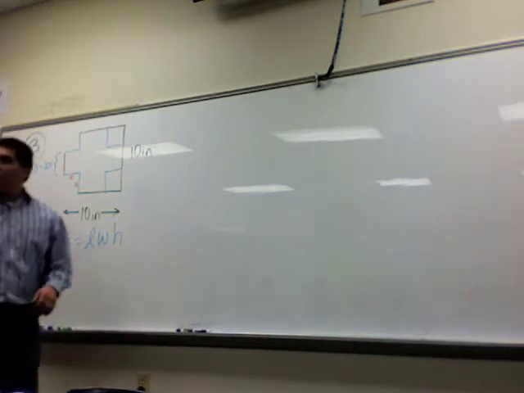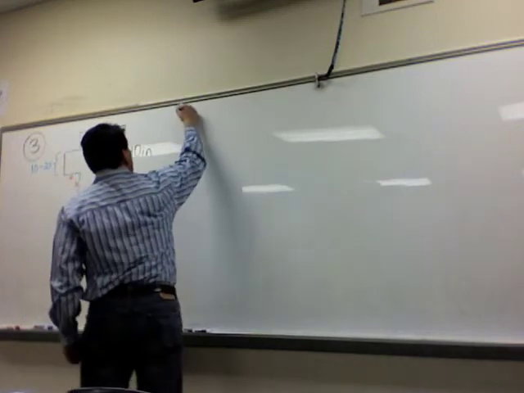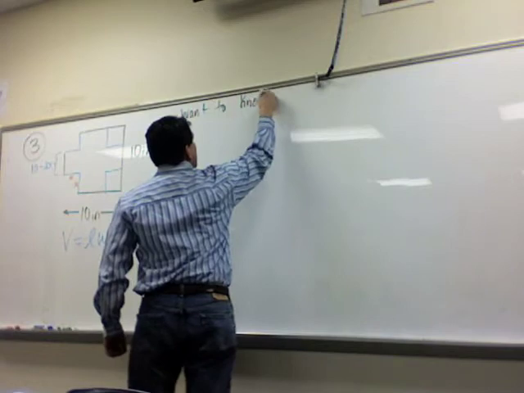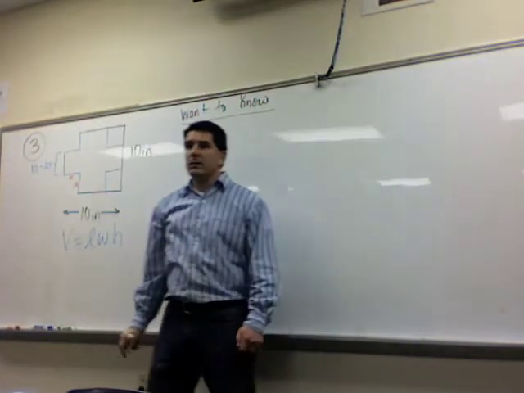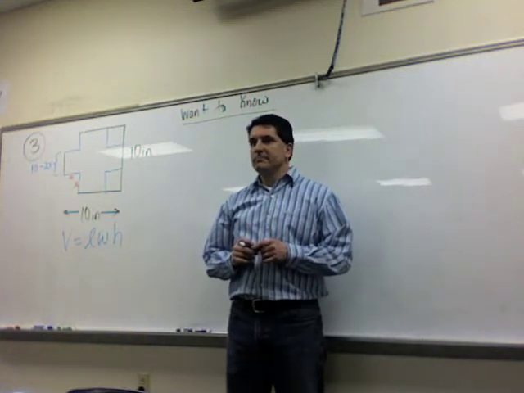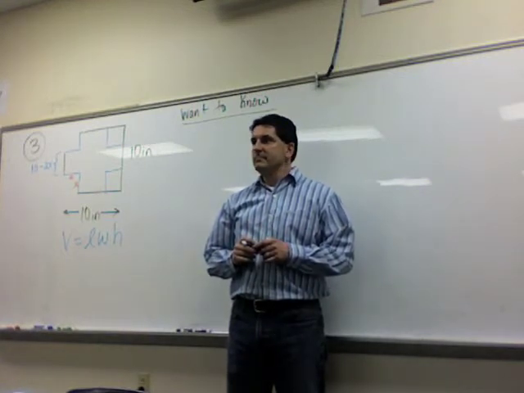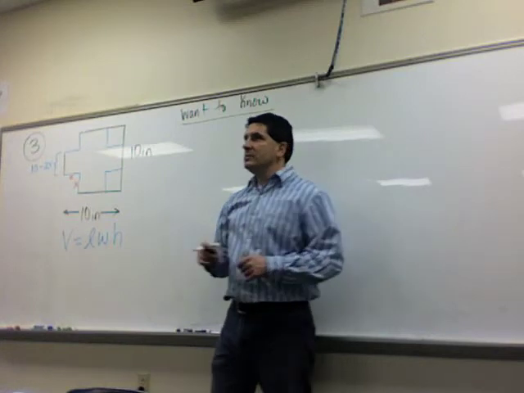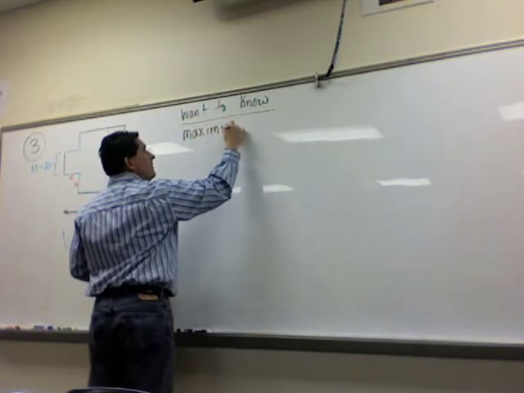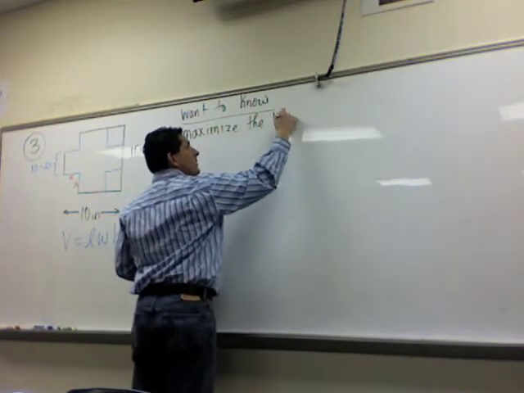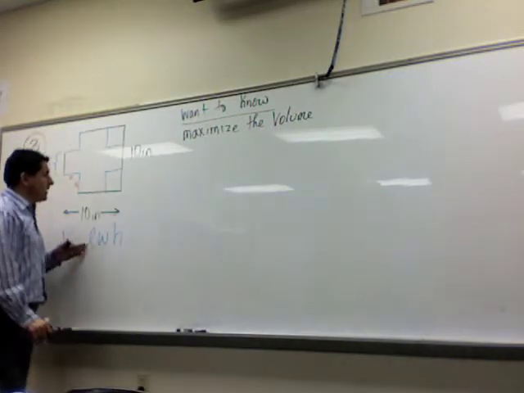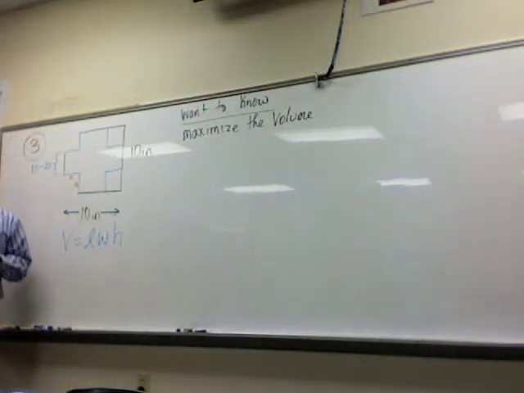Let's identify what we want to know. What do we want to know? So in other words, we want to maximize the volume. That's what we want to do. And in the end, we're going to get the x value that makes that true.